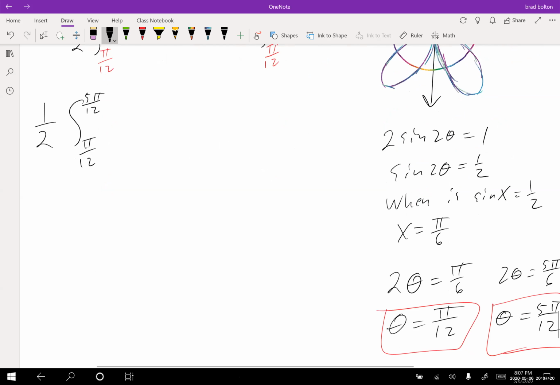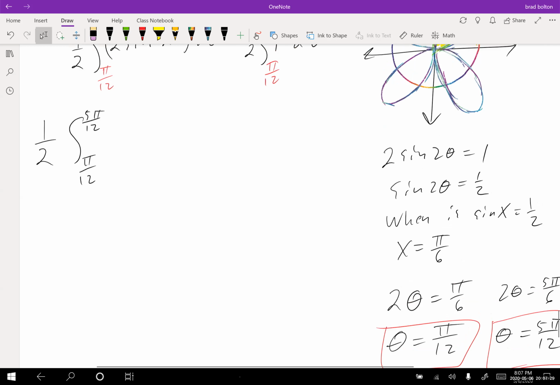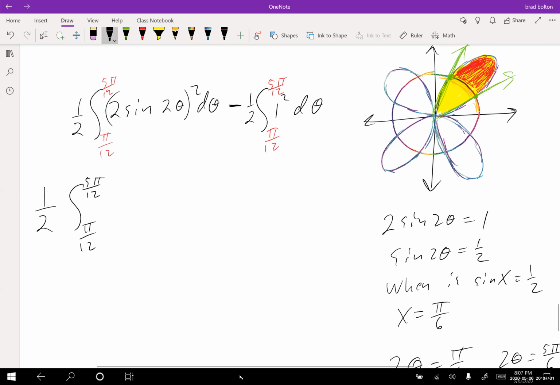Hopefully you understood how I did this. If not, there are all kinds of ways you could solve this, but I was just trying to do it without needing a calculator, and just trying to think about it. So this would be 4 sine squared 2 theta minus 1, d theta.